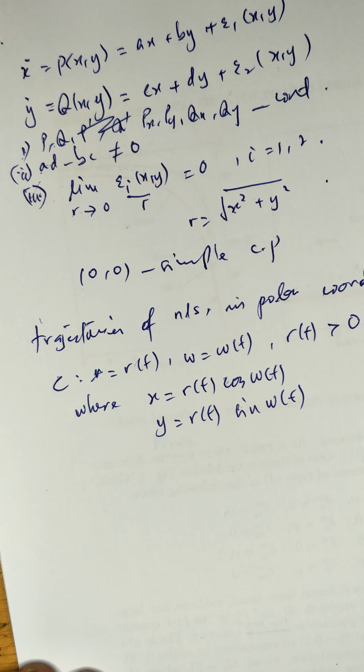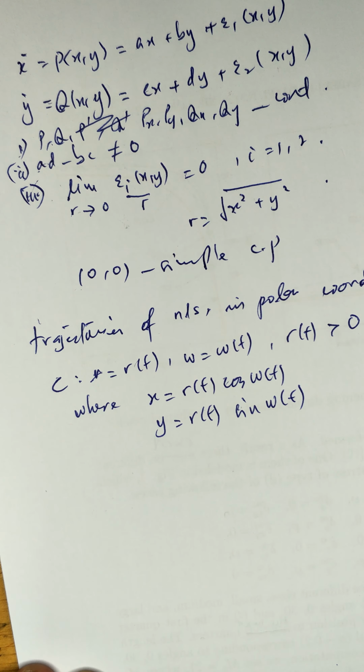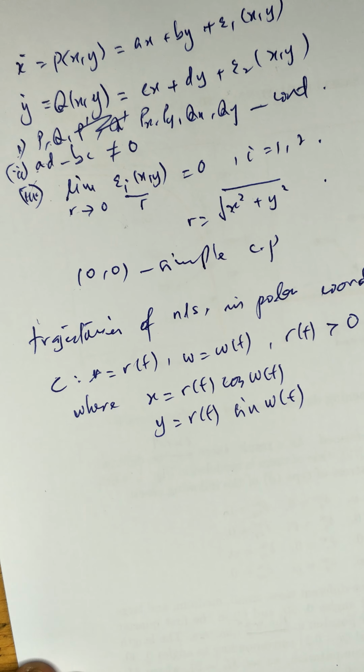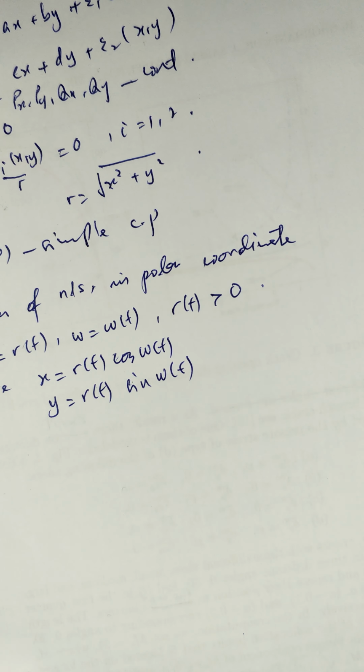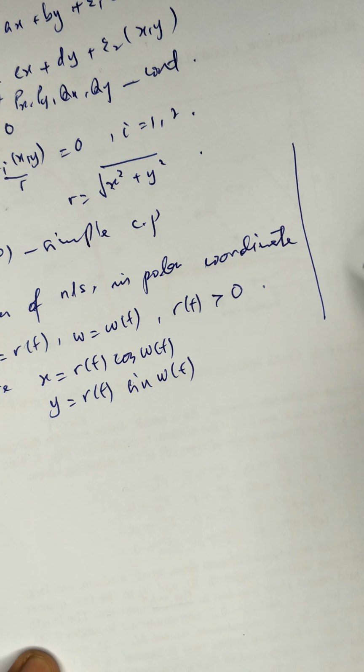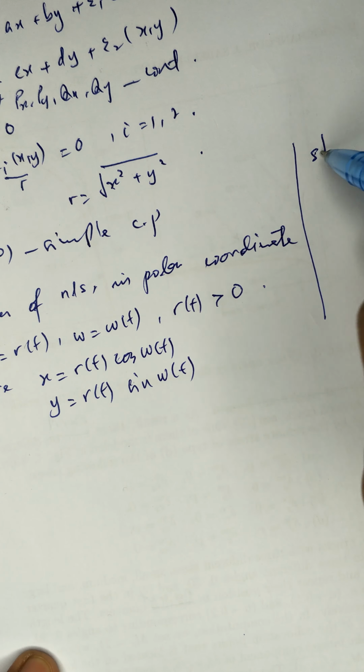We have a couple of definitions which need to be satisfied at (0,0) in order for the trajectories to be a spiral point, a node point, or a proper node. Apart from that, you need to understand the stability of the system.